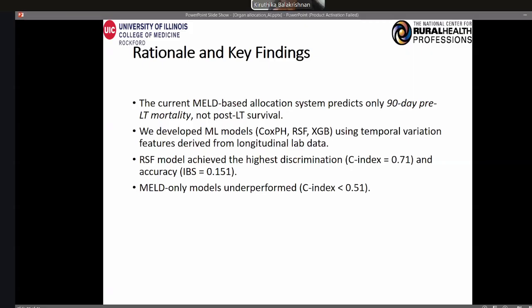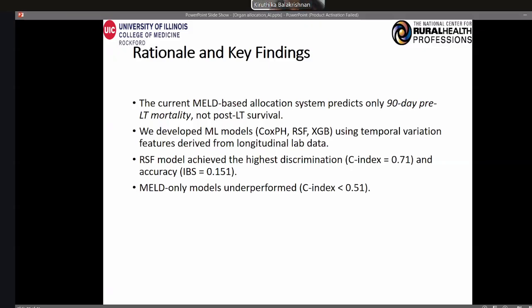It achieved an integrated Brier score of 0.151, showing solid accuracy for survival predictions. In contrast, the model relying only on the most recent MELD scores performed poorly, with C-index values below 0.5.